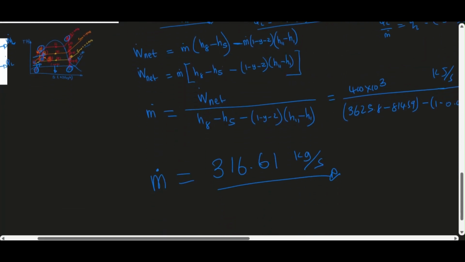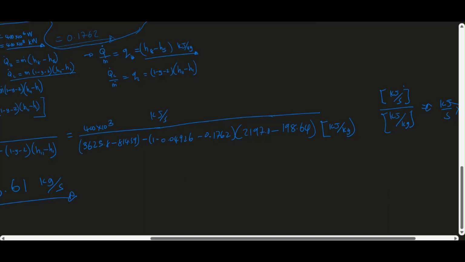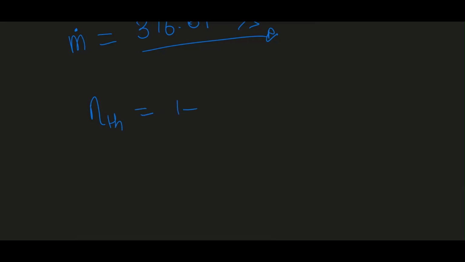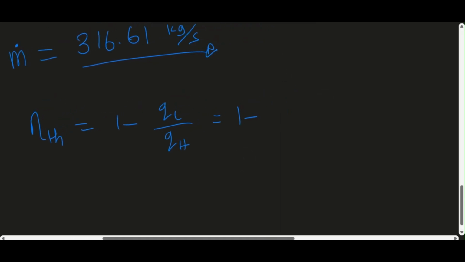Now we need to find the thermal efficiency. The thermal efficiency formula says 1 minus QL over QH. What is QL?